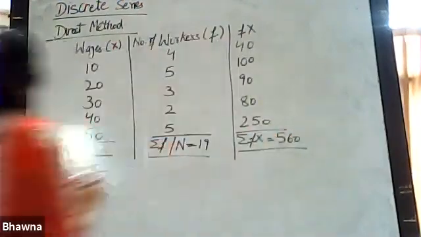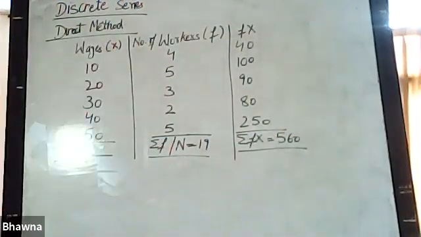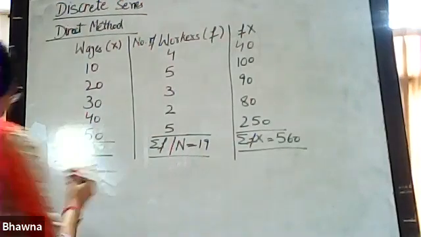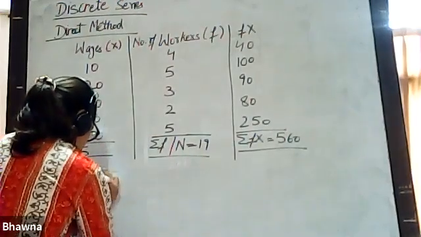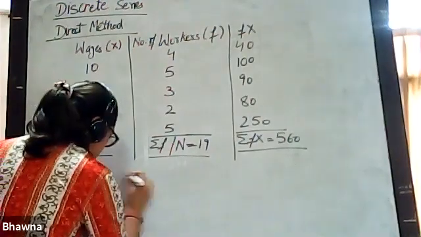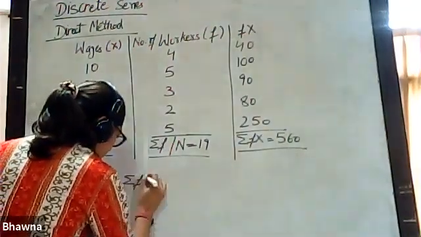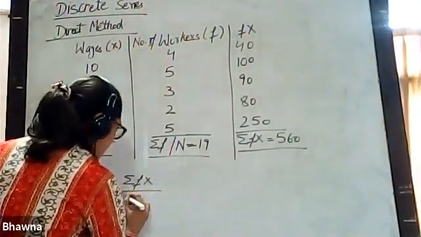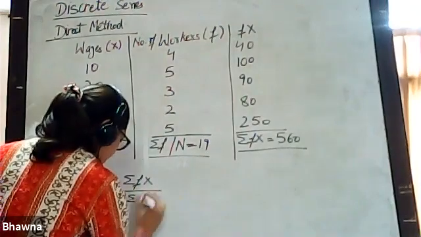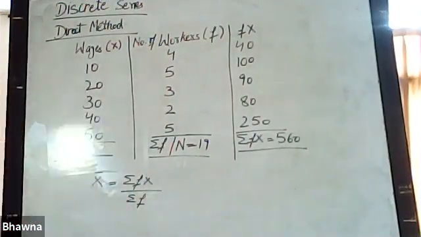So now we apply the formula here. The formula is mean is equal to summation fx divided by summation f, or n. You can write both.